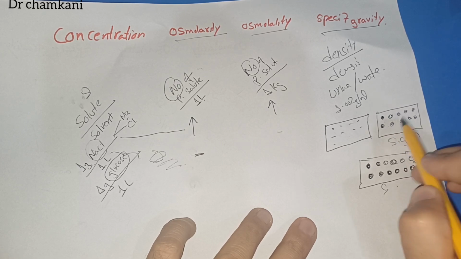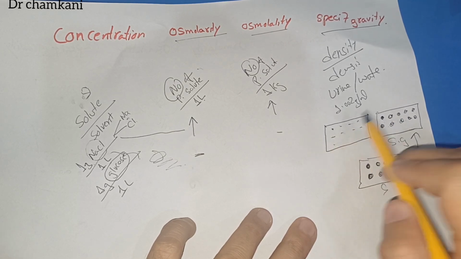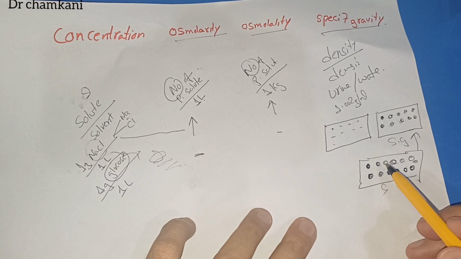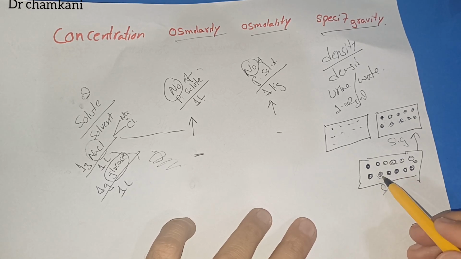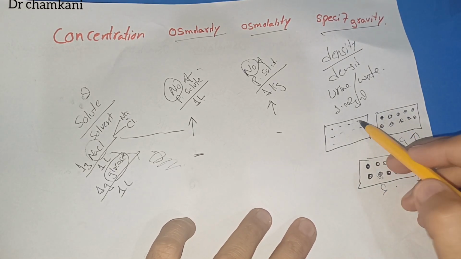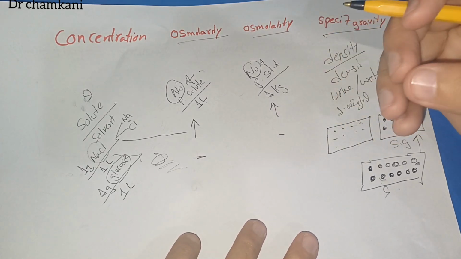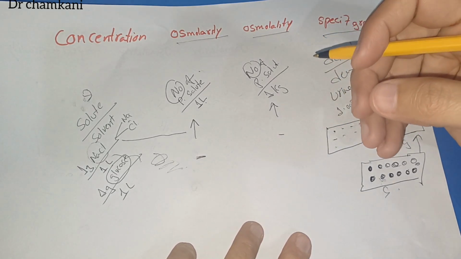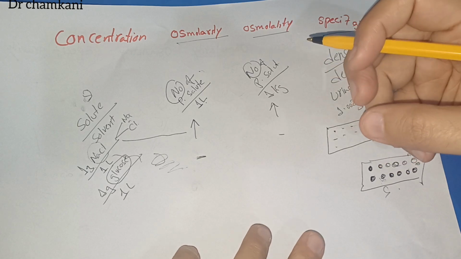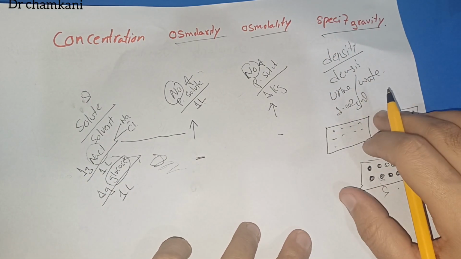But here the weight and the number of particles in this solution is greater than this one as well as this solution. So specific gravity is dependent not only on the number of particles, but also on the weight of particles in solution.